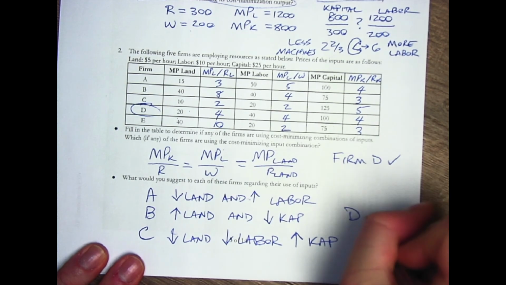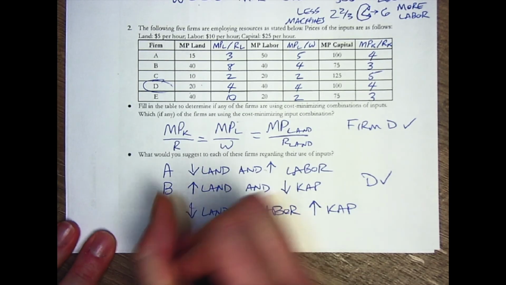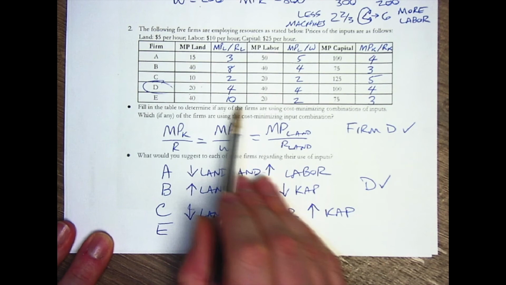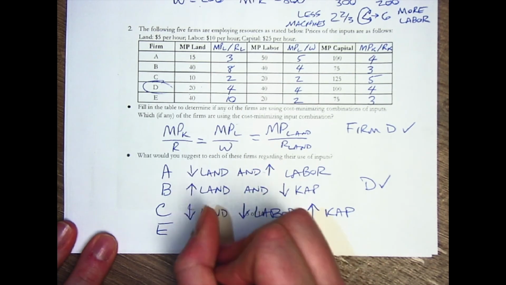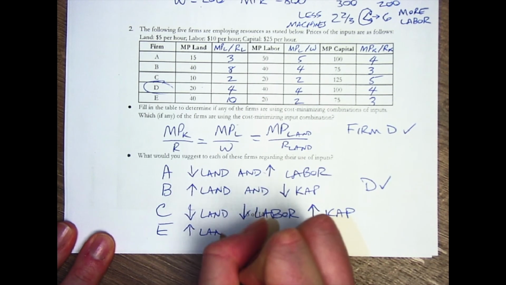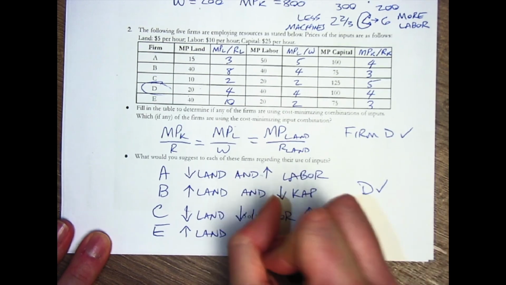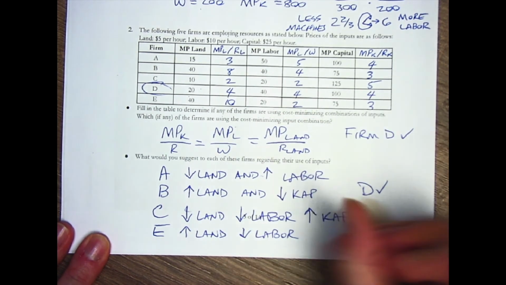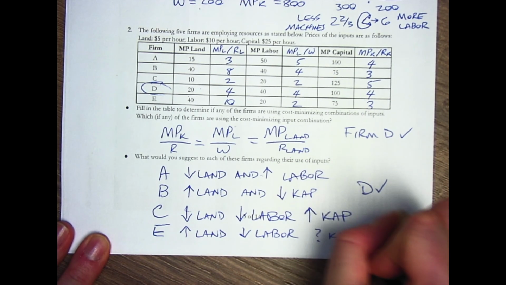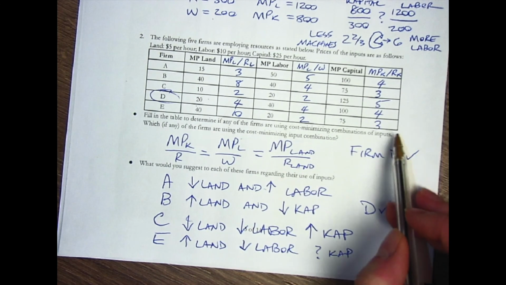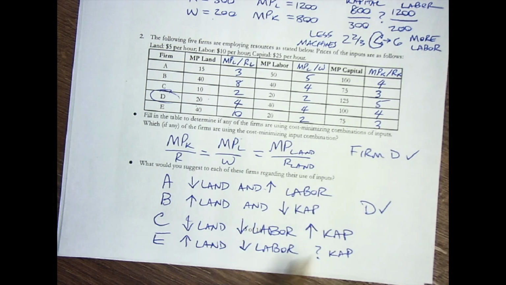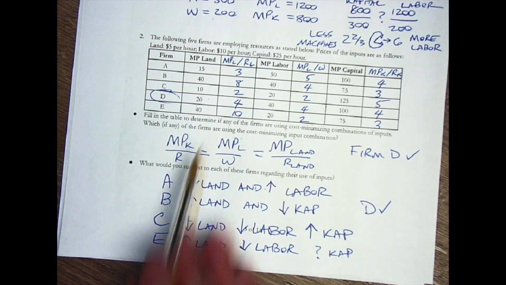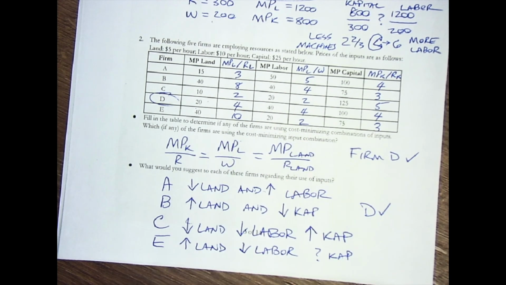We already said D is good. And E, they want more of the bigger number, so more land, and probably less labor, and we're unsure about the capital. Maybe they would want to increase or decrease the capital as well. It's not totally clear. But we definitely would want to increase land because we get a lot more from that than we do from the labor.